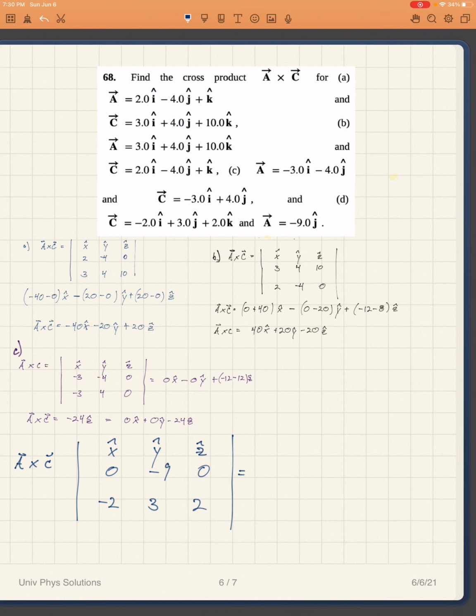Alright, so this times that, -18 minus 0 x hat, minus 0 minus 0, which is going to be 0, plus 0 minus 18. Okay, I hope that helped.